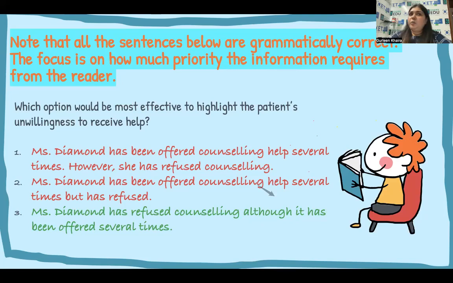So although it will be correct, no doubt, since we're talking about making it clearer and more concise for the reader, I would prefer that we do example number 3 in that way, rather than using the phrase "in spite of this."